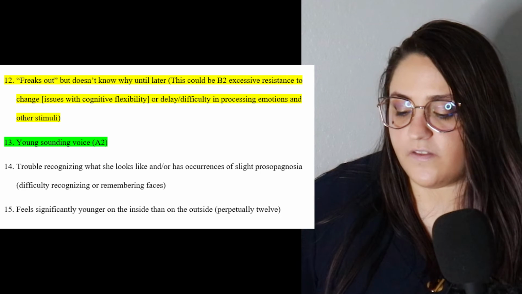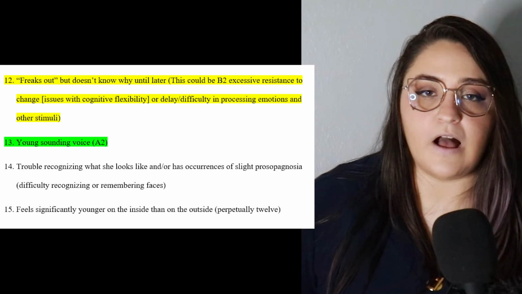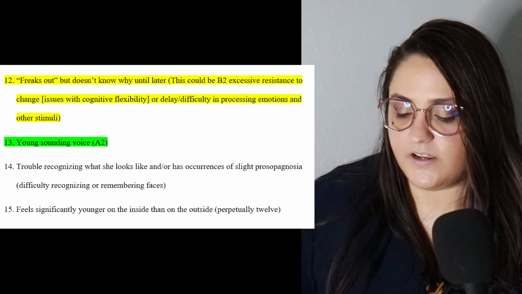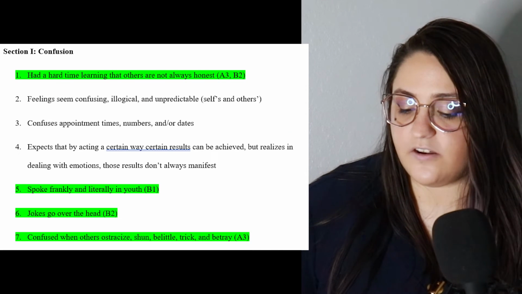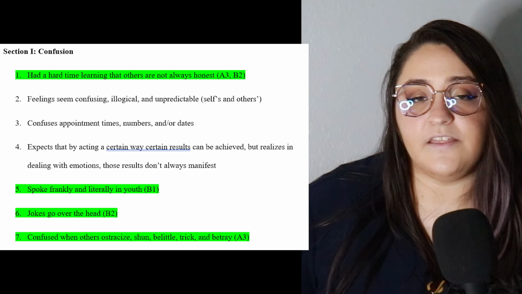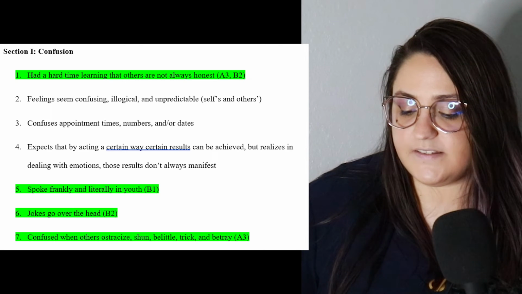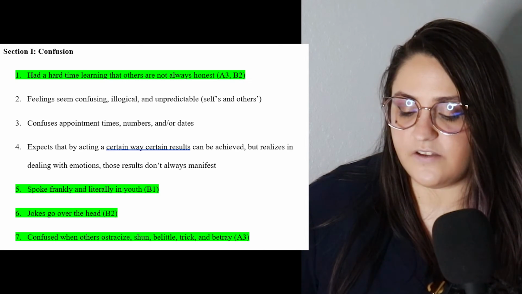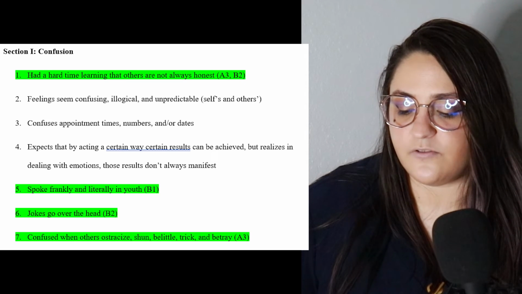Feels significantly younger on the inside than the outside, perpetually 12. Again, not necessarily something that's on our criteria list. Confusion, had a hard time learning that others are not always honest. Put that under A3 and B2. Feelings seem confusing, illogical, and unpredictable, selves and others. Confuses appointment times, numbers, and or dates.